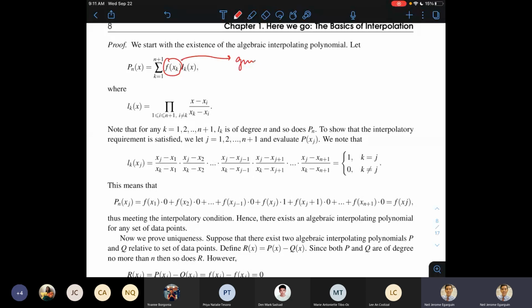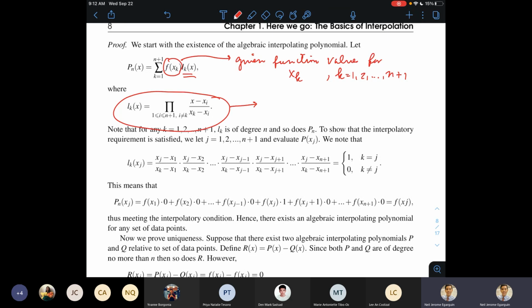These are the given function values for x sub k, k going from 1 until n plus 1. So sila lang yung mga given function values mula sa data. So they are constants. And then the L sub k's here are actually these guys. They're actually the polynomials. Nandyan yung variable x. And actually we call this the Lagrange basis polynomials.